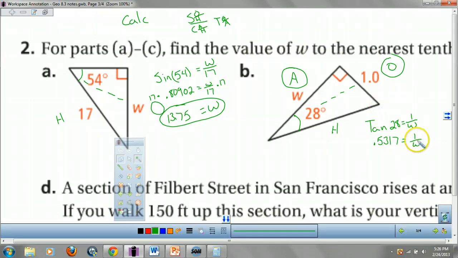Now, this is where I get into a quandary. What do I do with this W on the bottom? Well, you could multiply both sides by W. These cancel. And then you divide both sides by 0.5317. And you get W equals whatever 1 divided by this is.